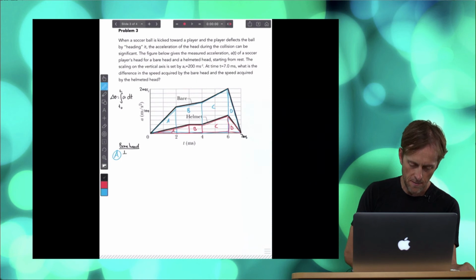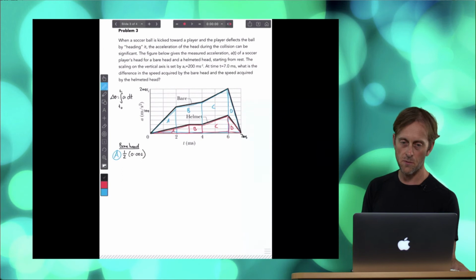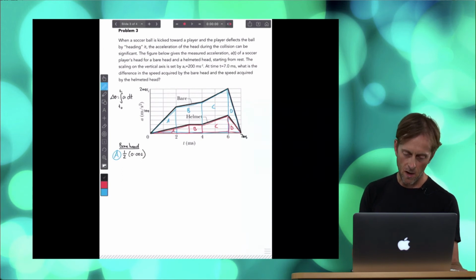So half the base, which is 0.002 seconds. So remember SI units, the base there is in milliseconds, so we have to put it into SI units. And the height is 120, so up here. And that comes out to be 0.12 meters per second.